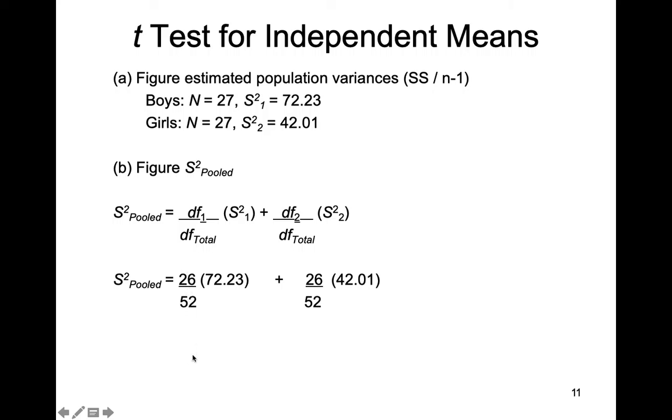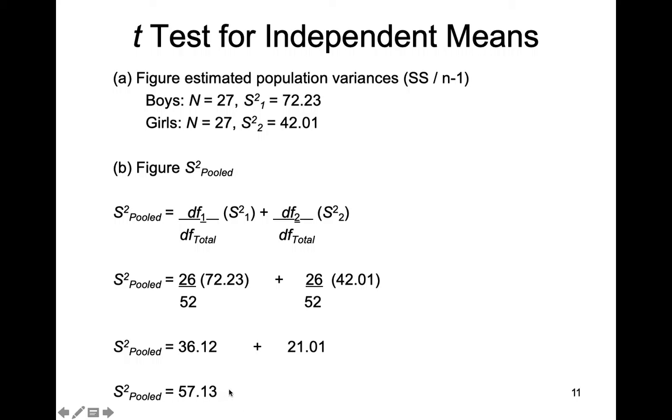So what you can see is that boys represent 26 over 52, in other words, 50% of the total data, and girls represent 26 over 52, which is 50% of the total data. So we're basically saying, let's multiply this estimate by 1/2, and let's multiply this estimate by 1/2, which we'll do, and then we'll add those back together.